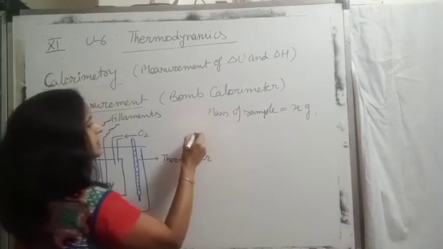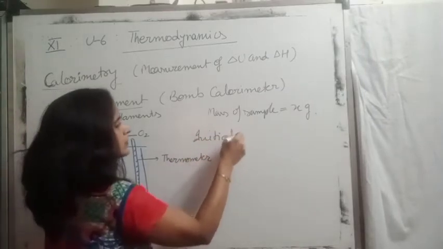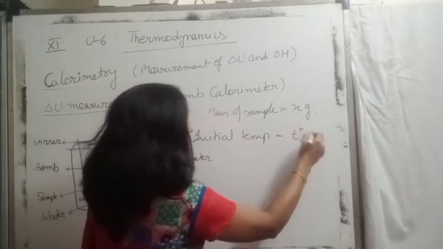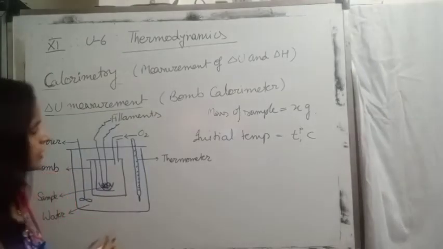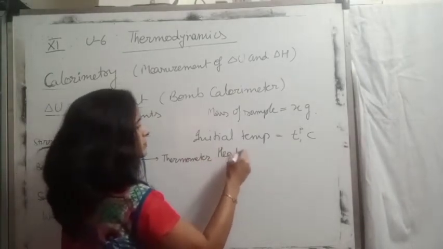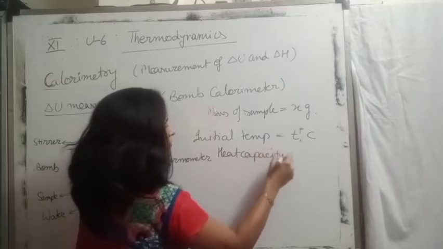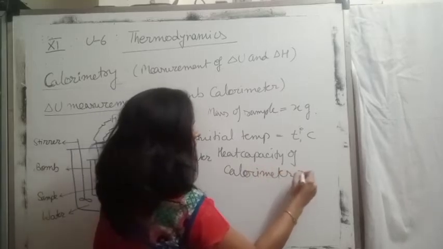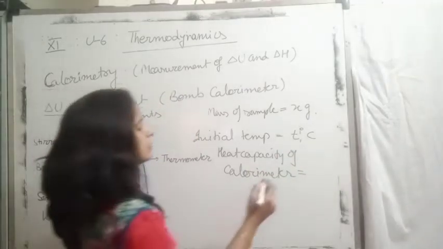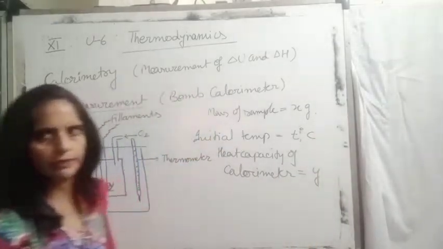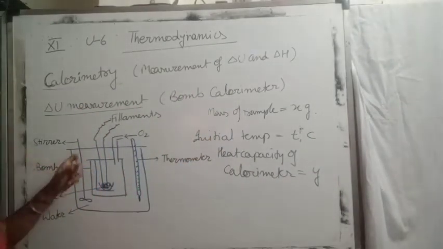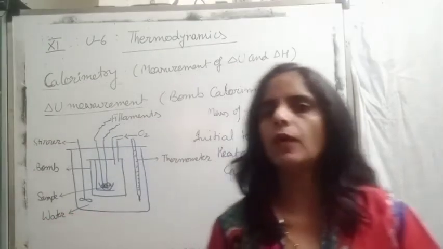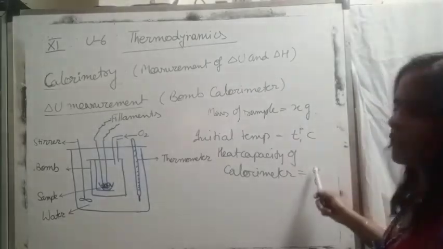Let the initial temperature be T1 degrees Celsius. Then the heat capacity of the calorimeter, let it be Y. The bomb is a steel apparatus whose heat capacity is known to us. Now first note down all these values.